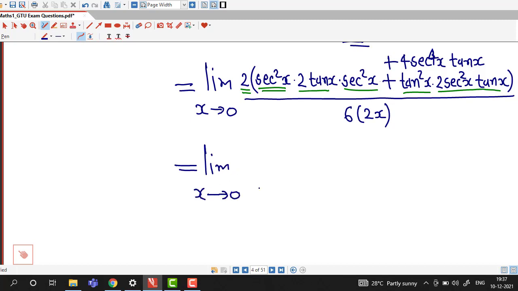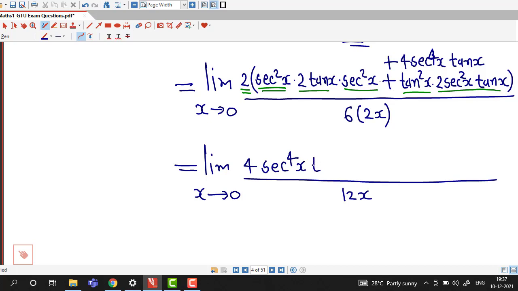So limit x approaching 0, here we write 12x, we multiply with these 2, this bracket is multiplied by 2, so we have 2 into 2, 4, here we have sec raised to 2 into 2, that is sec raised to 4 into tan x, plus this 2 is multiplied with this 2, so it is 4 times tan square x into tan x, tan raised to 3x into sec square x, plus 4 times sec raised to 4x into tan x.